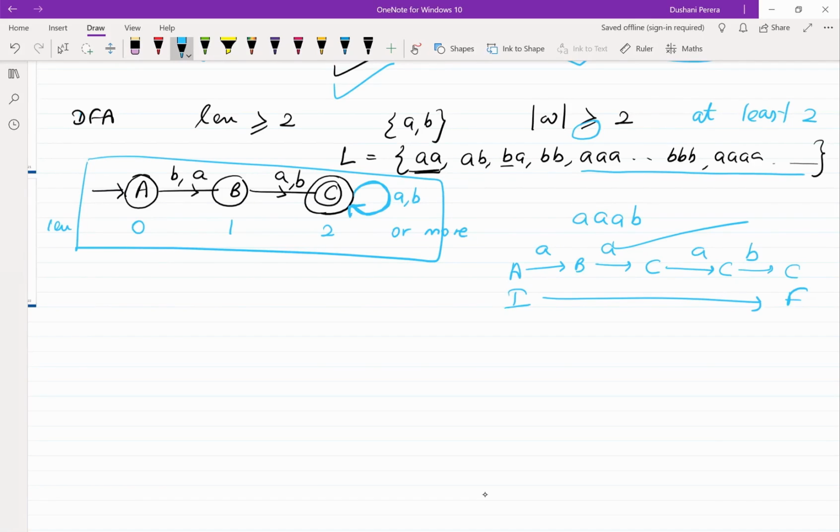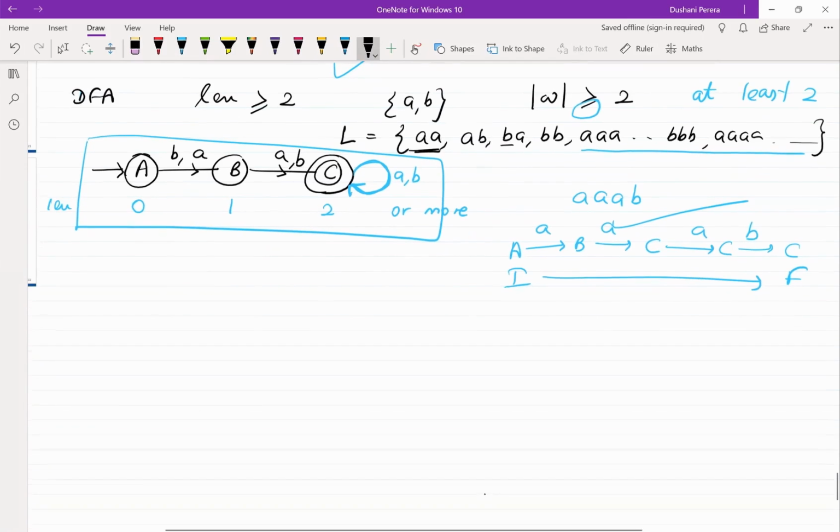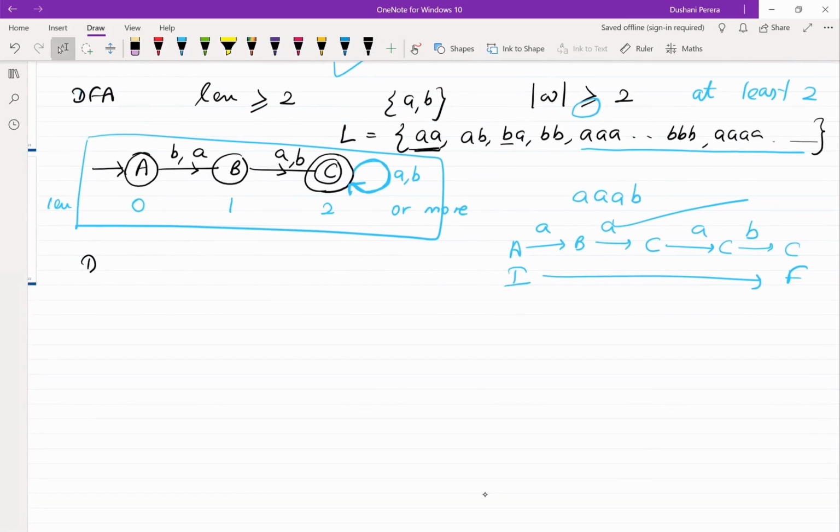Okay, right, I hope that example is clear. Then let's change this a little. Let's say that I want a DFA which will accept strings of length less than or equal to 2, which means at most.